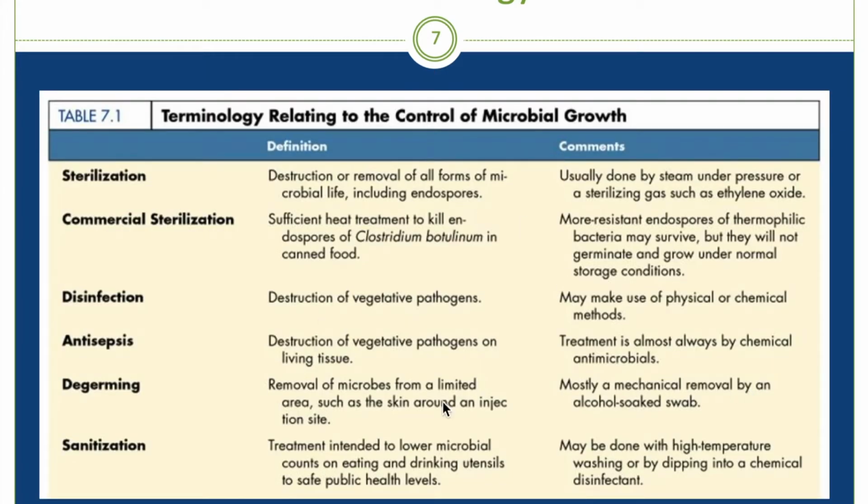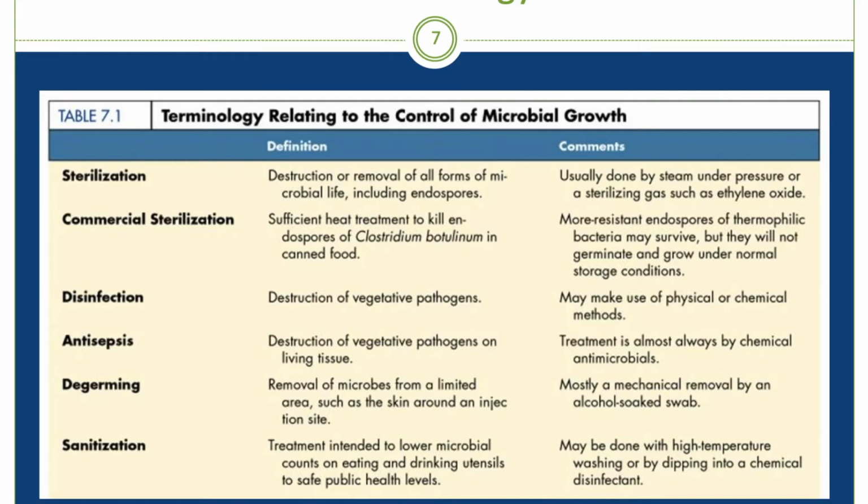So this table summarizes what I just went over with you. So there is sterilization, destruction, and removal of all forms of life, including endospores. And this is usually done by steam under high pressure. You can use an autoclave to do that.